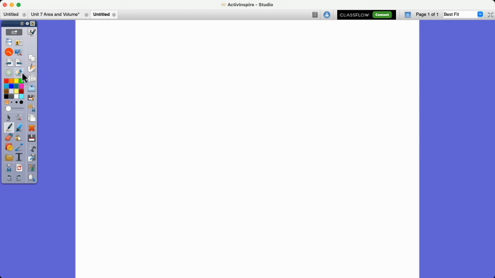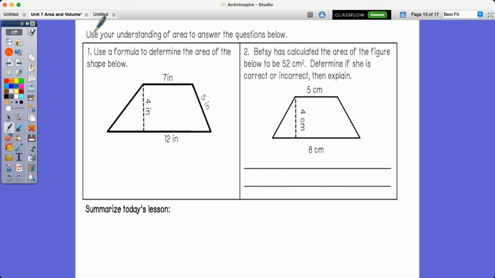We're going to use your understanding of area to answer these questions. We're going to use area equals base 1 plus base 2 divided by 2 times the height.